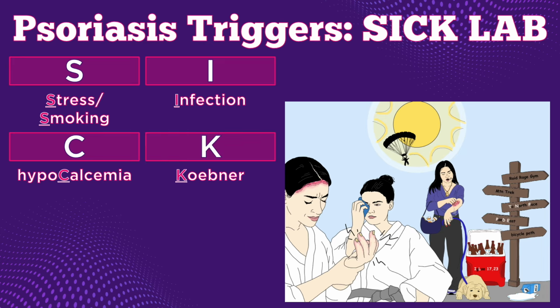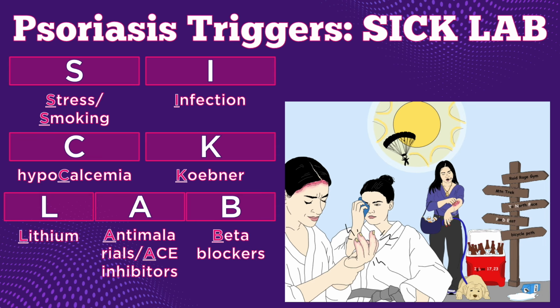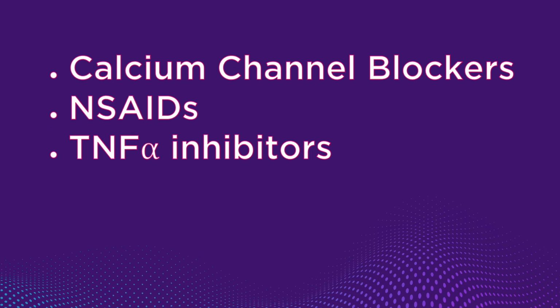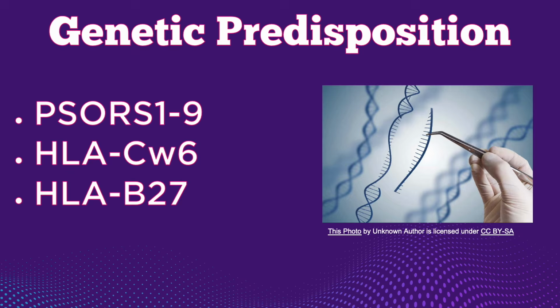And then we have medications such as lithium, antimalarials, ACE inhibitors, and beta blockers, along with calcium channel blockers and, paradoxically, TNF-alpha inhibitors. When these triggers affect a genetically predisposed person with the PSORS1 gene, or HLA-Cw6 or HLA-B27, this leads to keratinocyte proliferation and an activated immune system, which causes what we see as psoriasis.